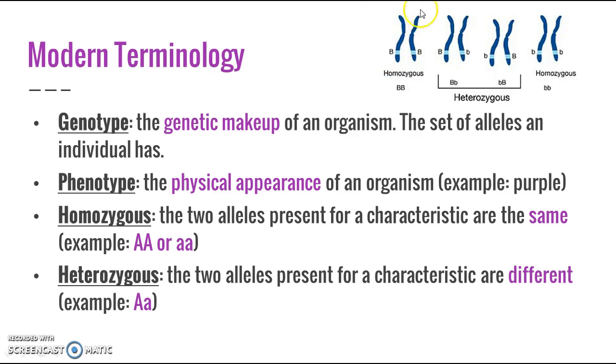And as I look at a copy that came from mom and a copy that came from dad, this individual is homozygous dominant because they inherited a big B from each parent. The heterozygous individual, however, got one of the homologous chromosomes in the dominant version and the other in the recessive version. These are different size letters, different versions, therefore this is a heterozygote.